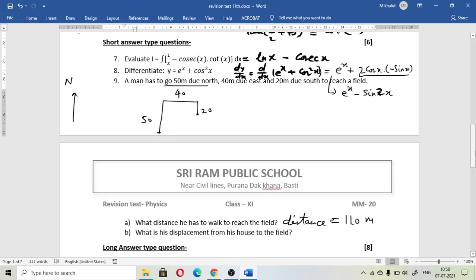We can see that it is becoming a right angle triangle. When we subtract 20 from 50, it will become 30, this side is 40, so obviously the hypotenuse will become 50 meter. So we get our displacement as 50 meter.